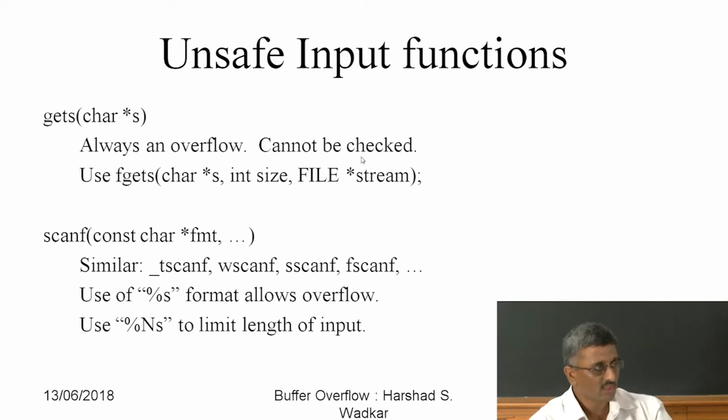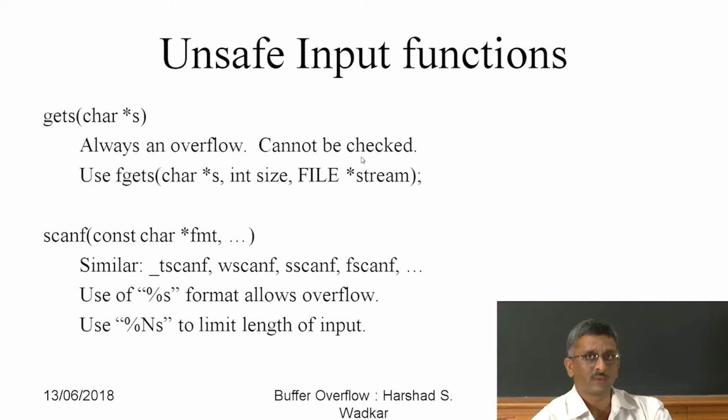Avoid unsafe input functions. What are functions like gets, scanf and so on? So, you can see here gets is having a problem, so I have written there to use fgets. And you can give the parameter, the FILE star stream, which is nothing but stdin. You can print on the screen using fprintf. Do you know that? We can print on the screen.